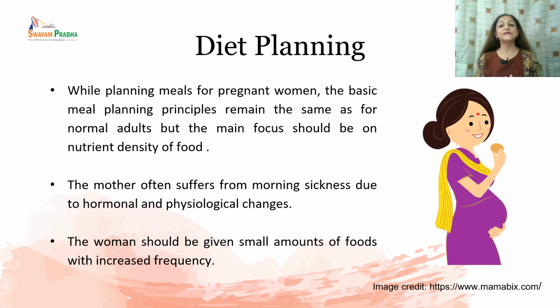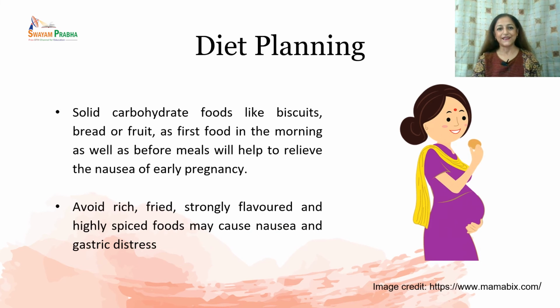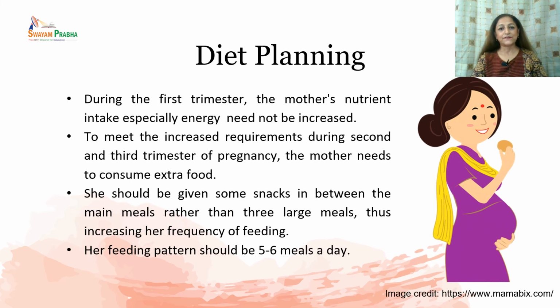So the woman should be given small amounts of food with increased frequency. Solid carbohydrate foods such as biscuits, bread, or fruits as the first food in the morning as well as before meals will help to relieve the nausea of early pregnancy. Mother should avoid rich, fried, strongly flavored, and highly spiced food which may cause nausea or gastric distress.